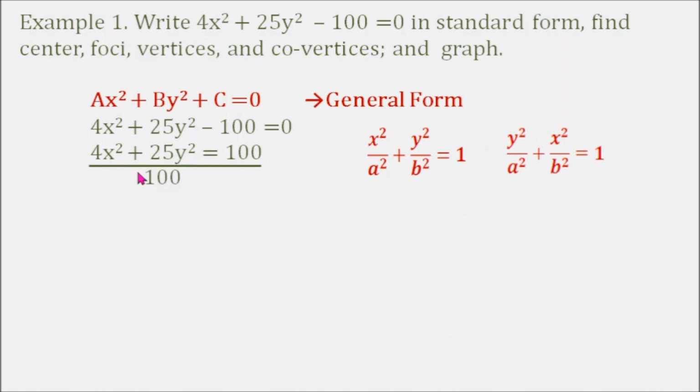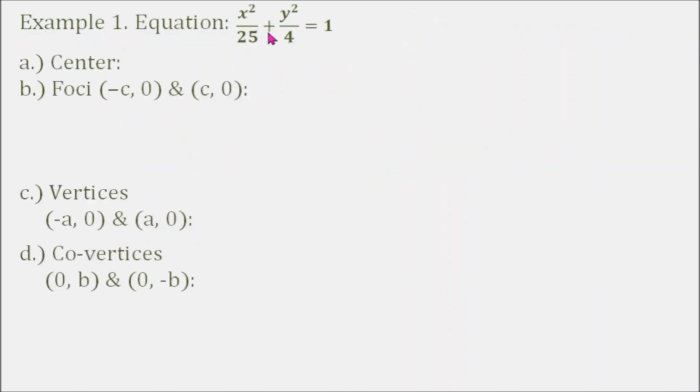So 4 divided by 100 is 1 over 25, while 25 over 100 equals 1 over 4, and 100 divided by 100 equals 1. So this is our equation. We have x squared over 25 plus y squared over 4 equals 1. Since our equation is already written in standard form, we are going to complete the information below.